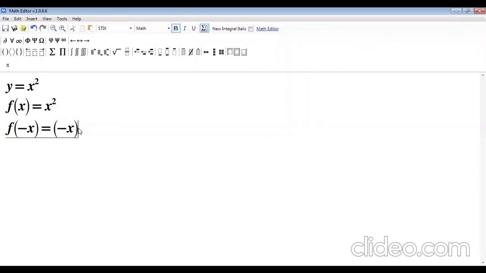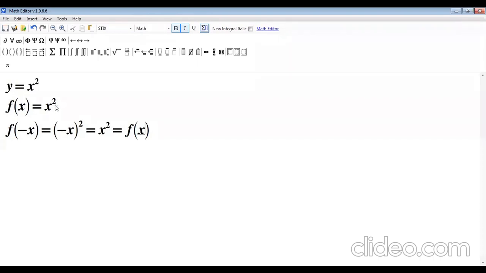That means this equals x square, right? That means this equals f of x. If we replace x with minus x here, it becomes f of x again. So this type of function is actually called an even function. Understand, everybody? These types of function are even functions.